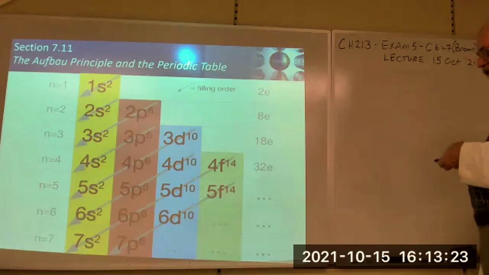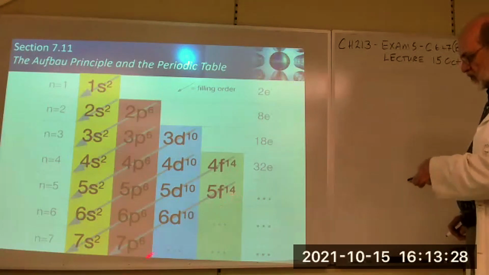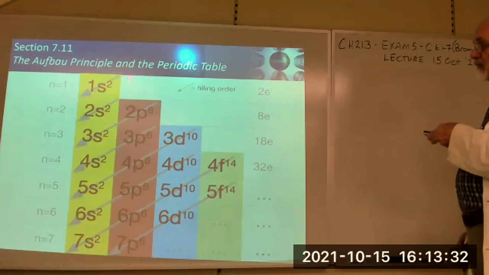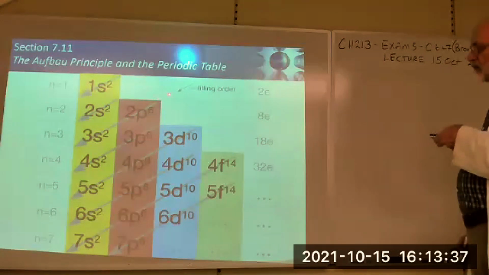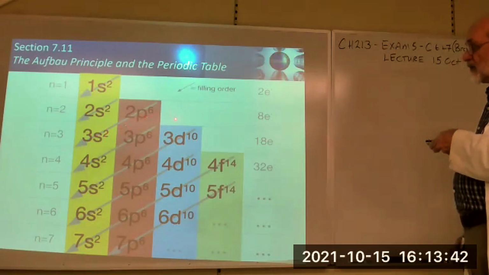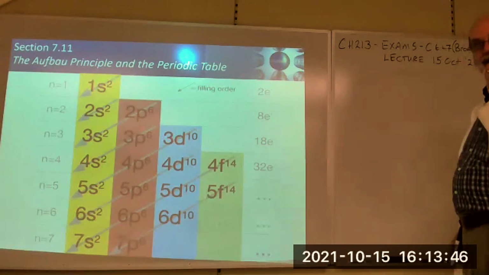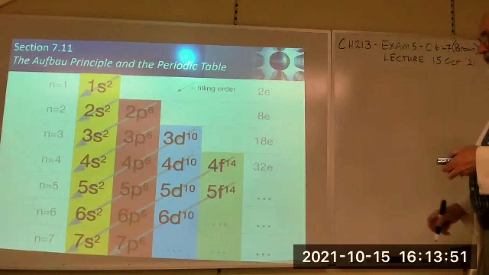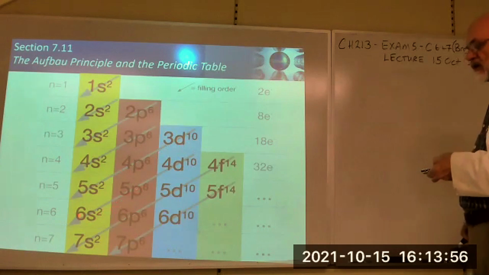But when we start filling electrons, we don't need g's. So that's why we just chop it off here. And the reason also is we're going diagonal. So you fill this one, 2 electrons. Fill this one, 2 electrons. Fill this one, 6 electrons. Then you go back to 3s, then you go back up here, 3p. Then you go to 4s before you go to 3d. Okay? That's what that diagonal means. This is the order of filling. As you add protons and electrons to go with it, you fill in that order.